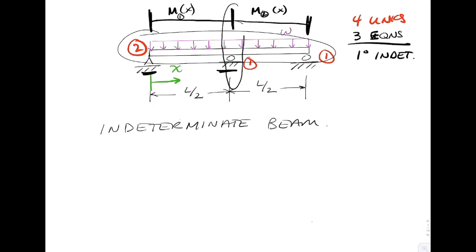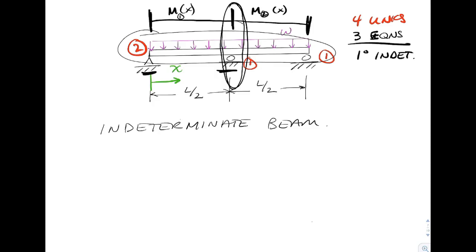That support right in the middle is going to supply a force which is going to change the internal moment. So we're going to end up with a jump in the shear diagram and a change in slope, a slope discontinuity in the moment diagram. So let's go see how we need to attack this.